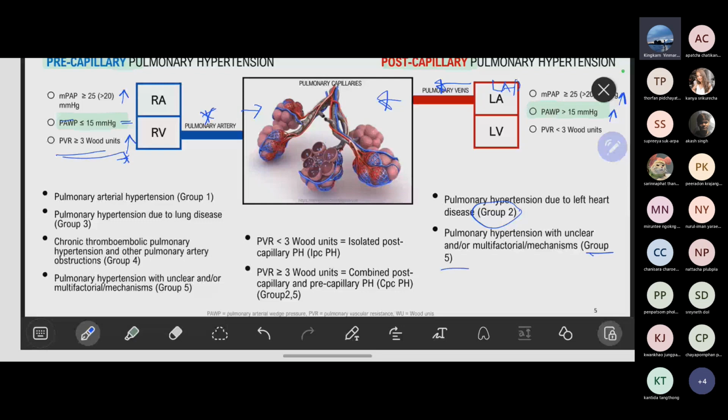But in patients with clinical group 2 and group 5, if PVR is more than 3, that means patients with clinical group 2 and group 5 are called combined pre and post capillary pulmonary hypertension.